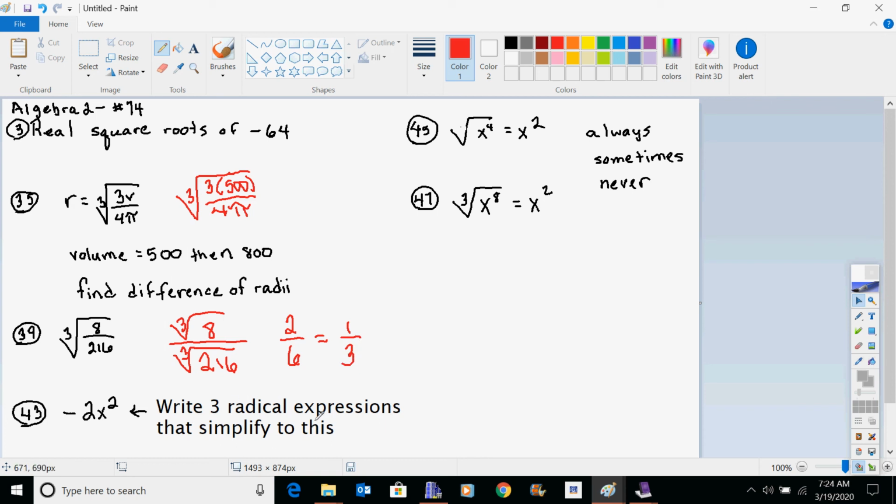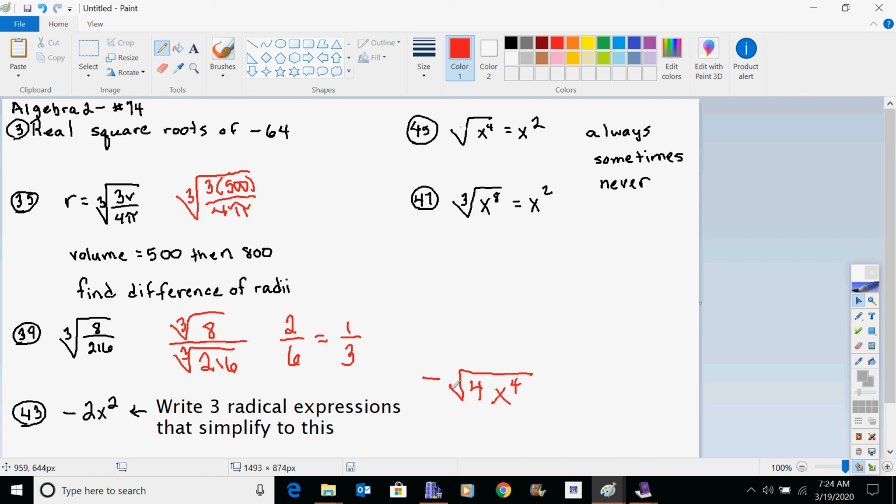This one, the open-ended one, when you take the radical expressions, you need to have 3 radical expressions that simplify to this. Well, there's quite a few that you could do. You could put a negative in front of, for example, the square root of 4x to the 4th.